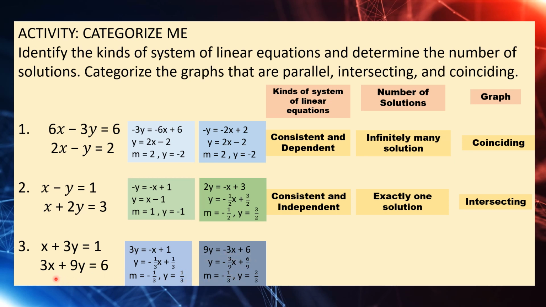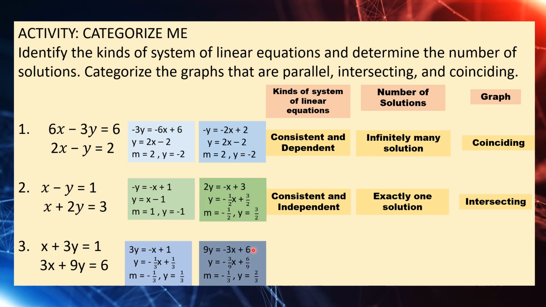For the second equation, we have to transpose 3x to the other side of the equation. So it becomes negative 3x. To get rid of 9, let's divide both sides by 9. So 9y divided by 9 is equal to y. Negative 3x divided by 9 is equal to negative 3/9 x.